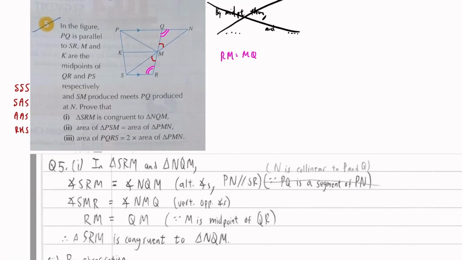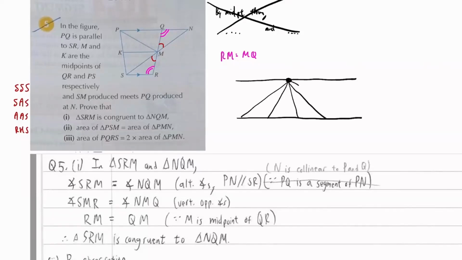Okay. Here, area equal doesn't mean that they must be congruent. You can have equal area despite not being congruent. So I don't know if you recall this from EMath, but when you have 2 parallel lines like this, can you see all of these triangles that I'm drawing? Yeah.